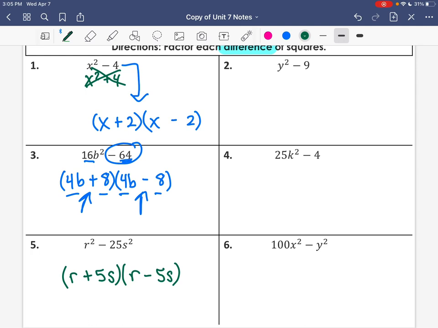So you are literally just breaking this into its parts. If we multiply this back together, I'll do this really quickly. And I do not expect you to do this. This is just to show you that we would end up back at what we started with if you checked your work.